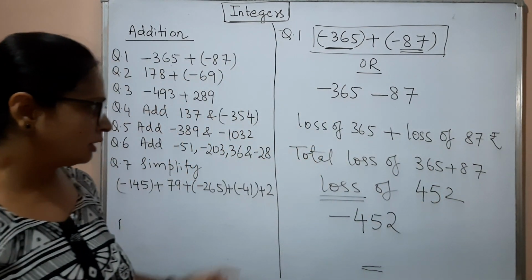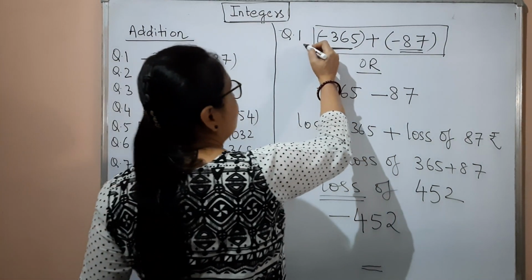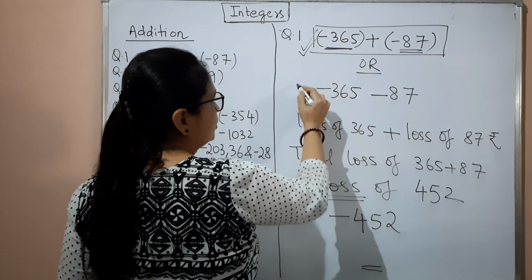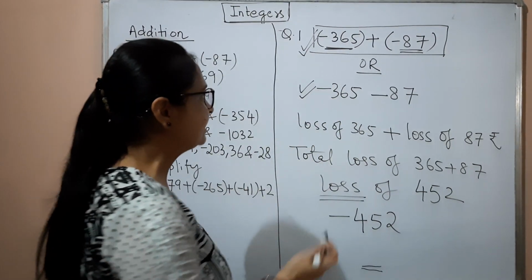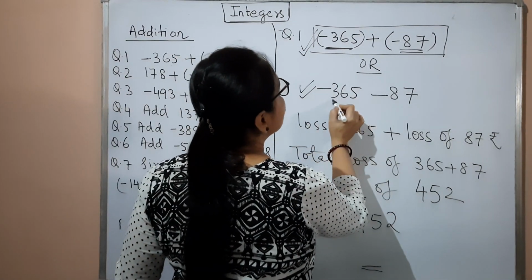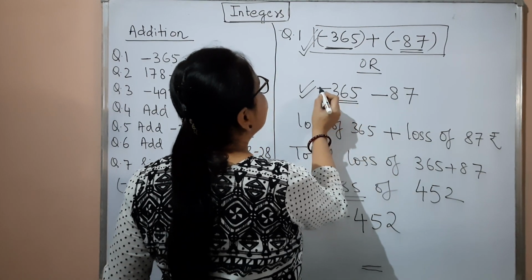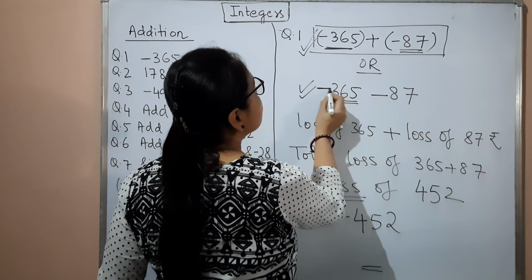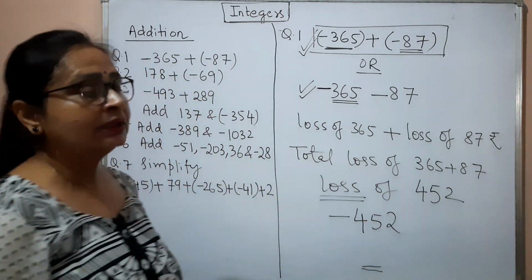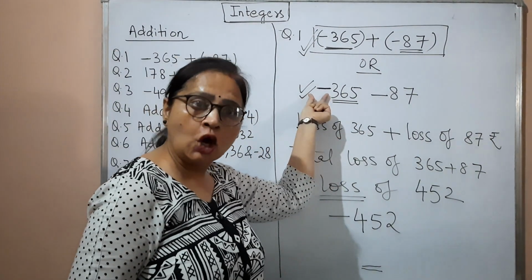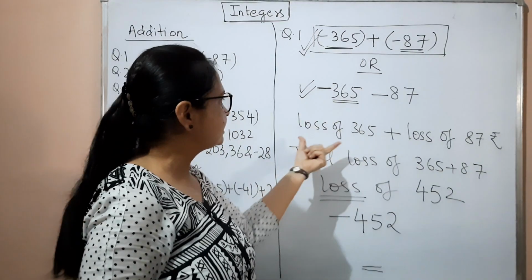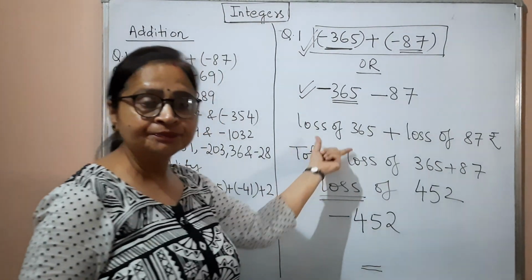Alright. Now again, if instead of this question, if you look into this question, both of them will be understood in the same way. See, when you see a number, you just find out what is the sign just before that number. And here we find the sign before the number is loss, negative. It means loss of this, right?